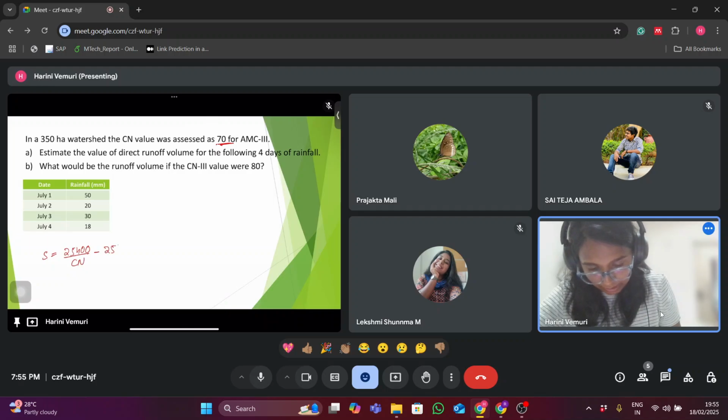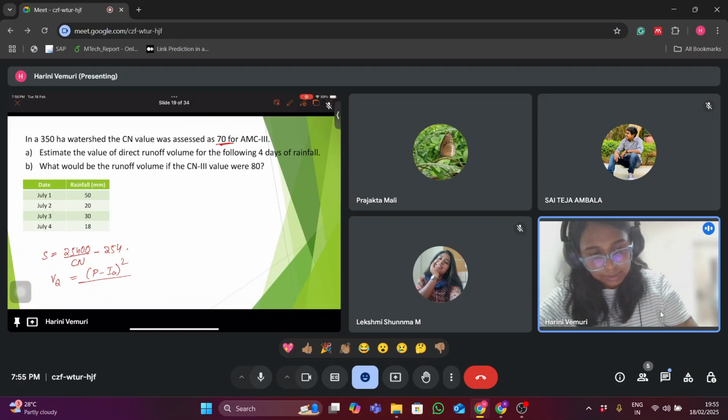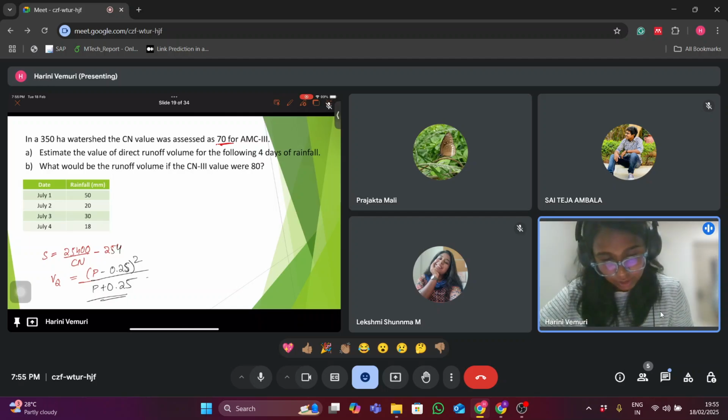And then using this, we will calculate the volume of runoff by taking this formula. Here we are assuming that the initial abstraction is equal to 0.2S. So that is (P minus 0.2S) whole square by P plus 0.8S. Using this, we'll calculate the runoff volume.